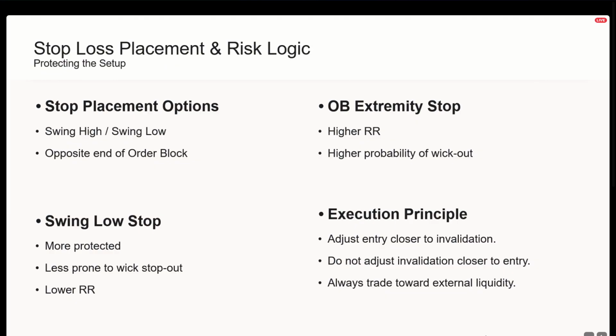Once you identify where your order block is, if the price closes below that order block again, you can get out. You know where your stop is. If you're trading futures, you're going to just get tagged out. But if you're trading options, you know when to exit your trade.